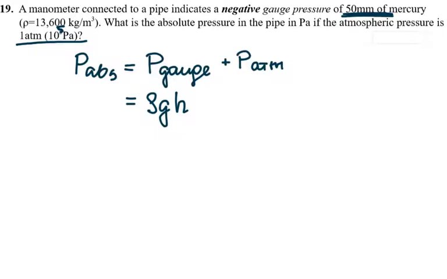So that is the gauge pressure, plus the atmospheric pressure. I know it's a negative gauge pressure, so it's negative.